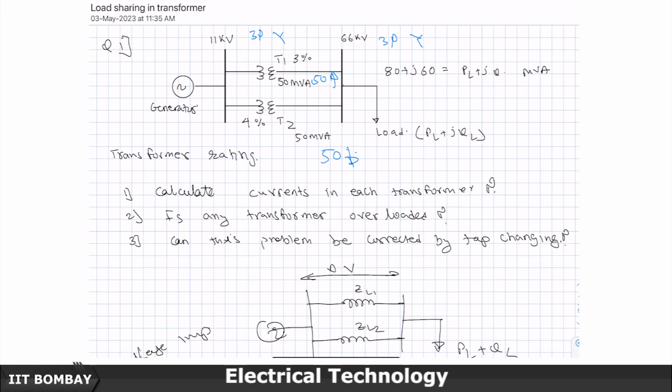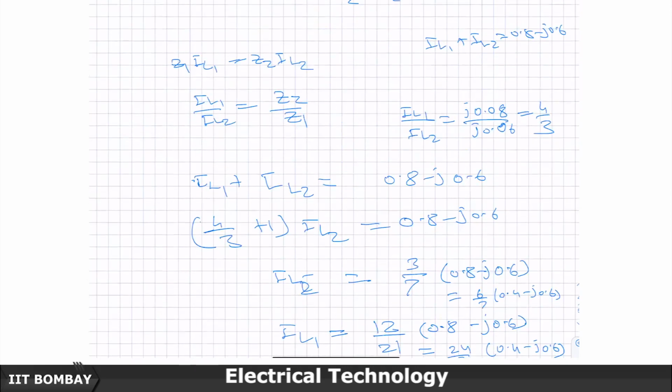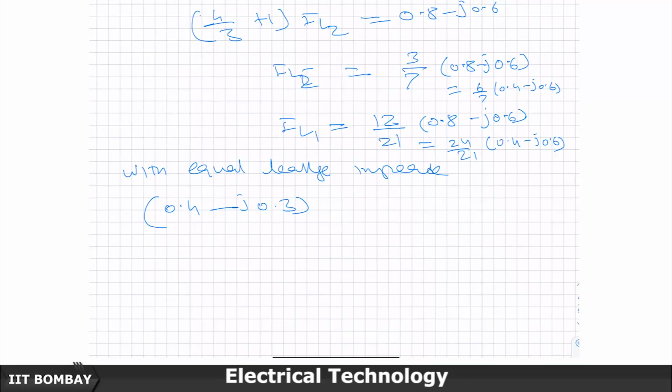So how will you calculate that? You know V is 1 per unit, and I have already worked out the currents here. So just V I star: 1 per unit into IL1 star, calculate it, and then change it to MVA. This will be the loading on transformer 1 with the lower leakage impedance, overloaded.